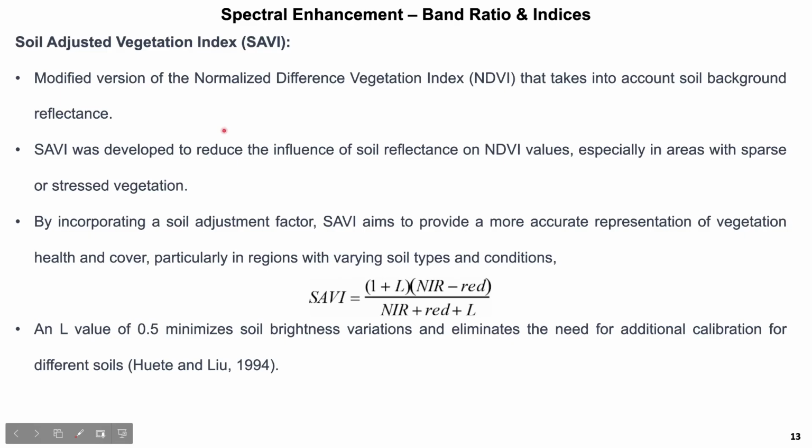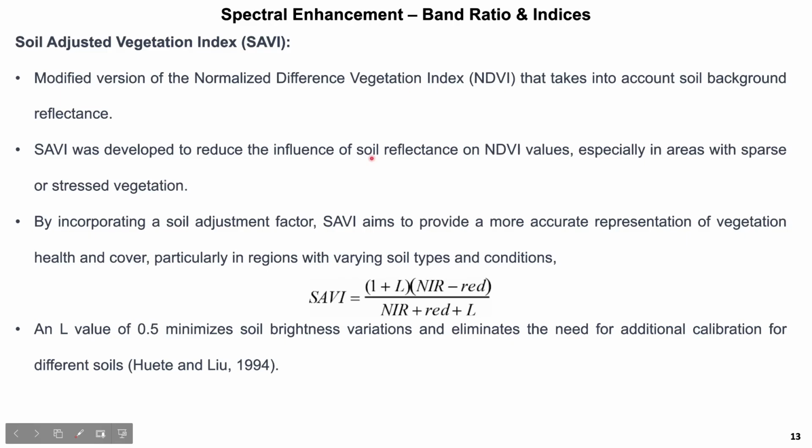Why they are doing this is, when you take the NDVI, your soil will also reflect and have a similar NDVI value, which is a little less than the actual NDVI of your crop. But it will also get mixed up in the regions where you have very little crop cover and your soil is also visible in the image.